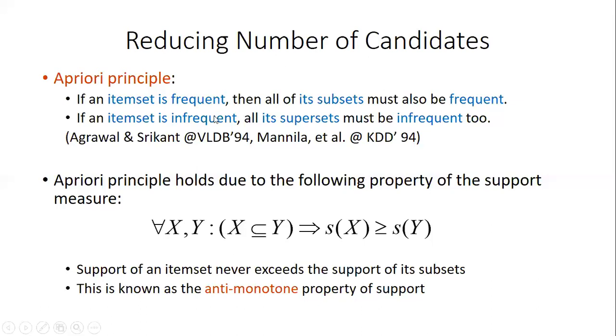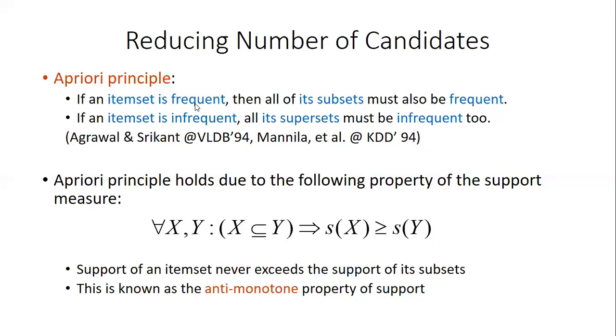What is this Apriori property? This is very, very important, and you should remember this. The Apriori property states that if an item set is frequent, then all of its subsets must also be frequent.